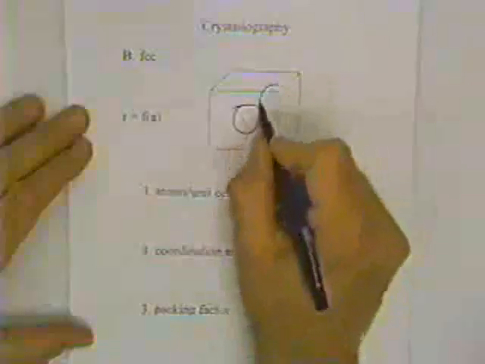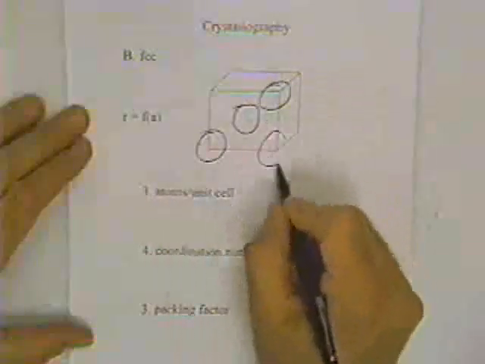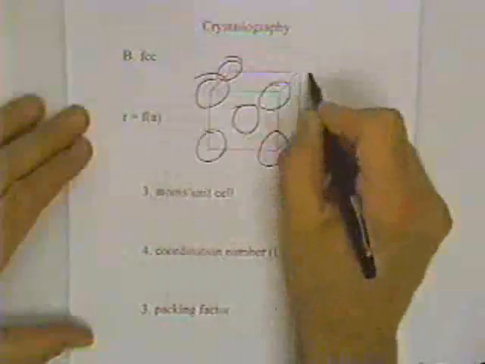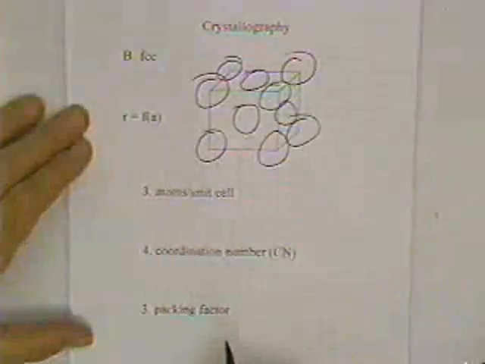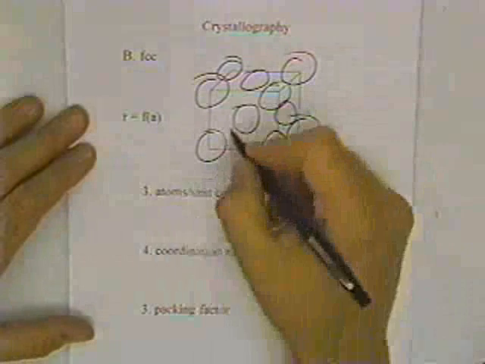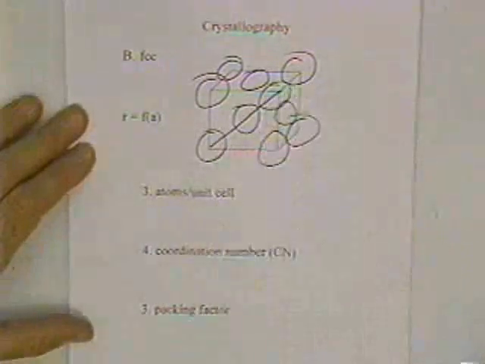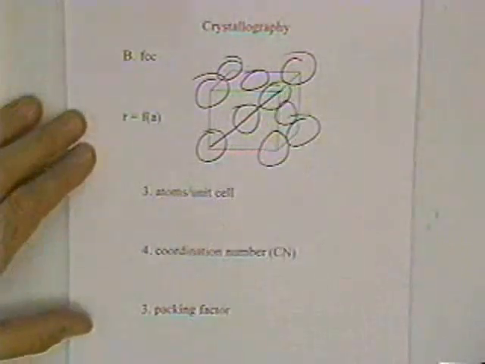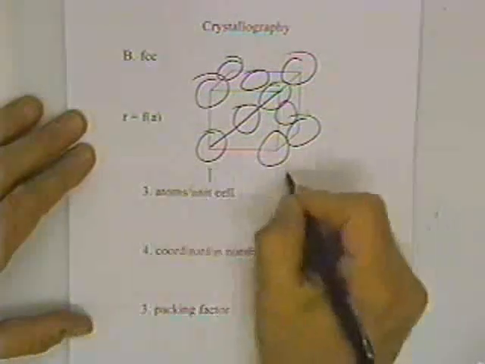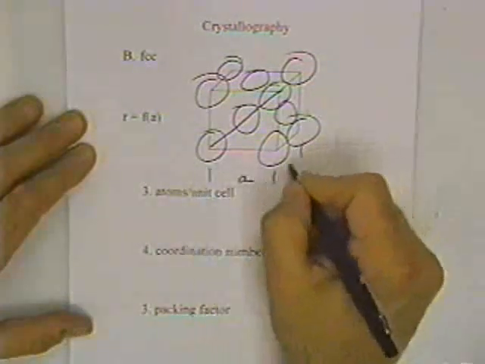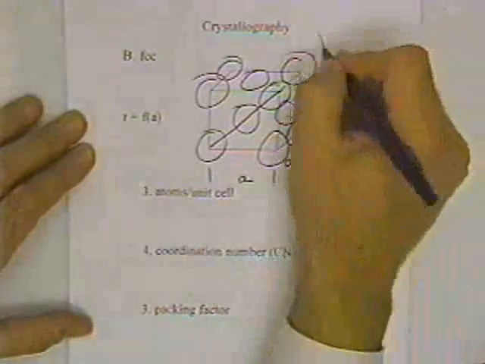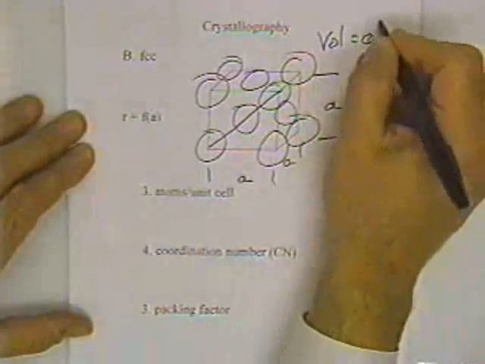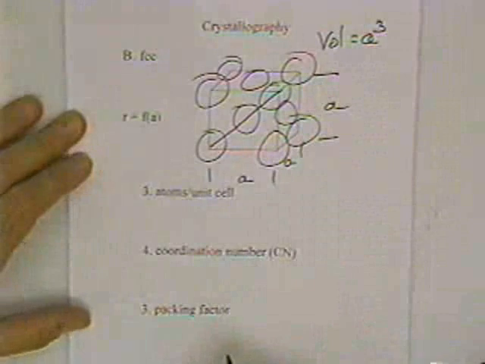There is an atom in each face, and then 8 atoms, 1 at each corner. The close packed direction is the face diagonal. The unit cell dimension is a. Fortunately, it's a cubic, so the volume is equal to a cubed.